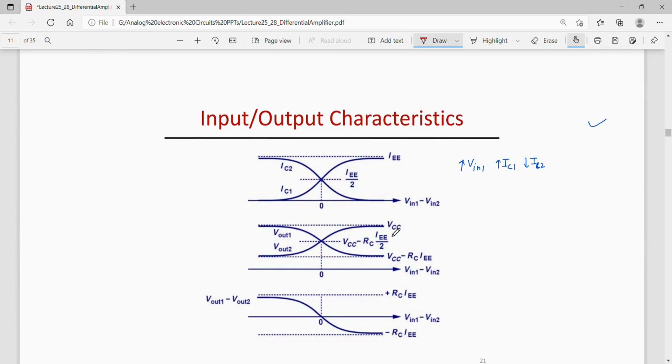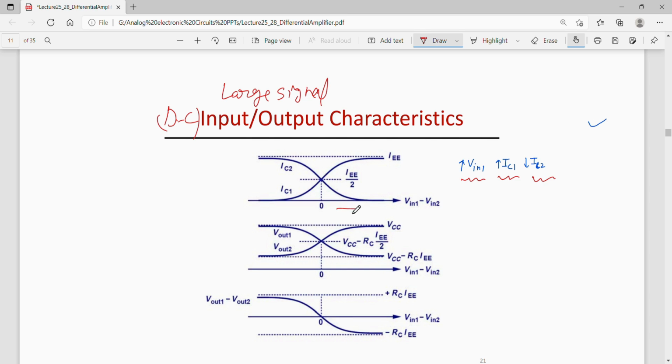Now similarly, the IO characteristics, or DC input-output characteristics, or large signal IO characteristics, can be drawn. Similar to the IO characteristics we had seen for small signal, the large signal IO characteristics can also be drawn. They are also similar, because we understand that when Vin1 increases, IC1 increases and IC2 decreases.